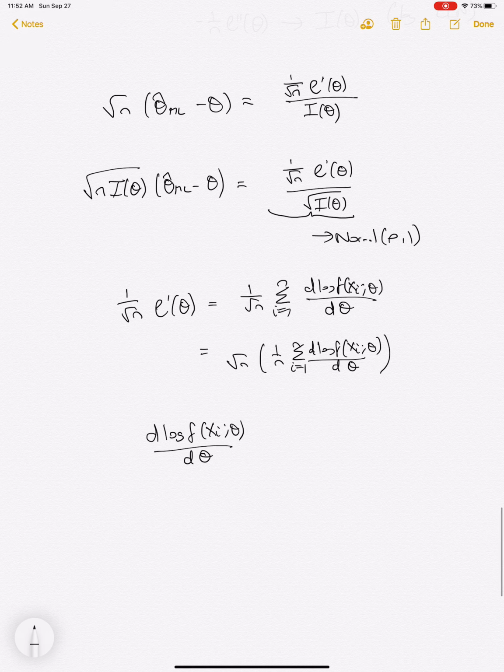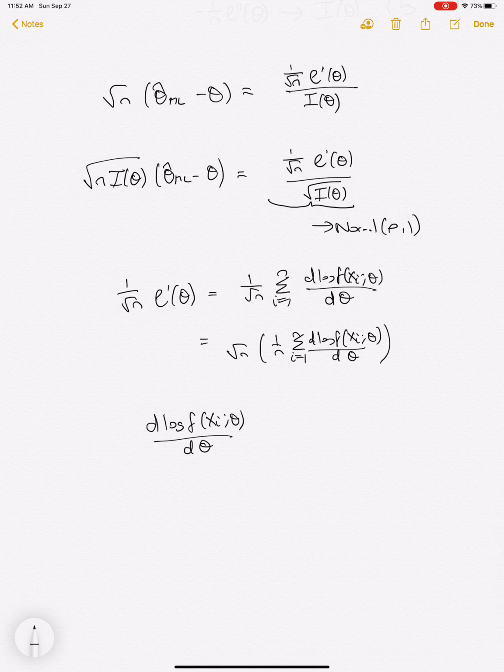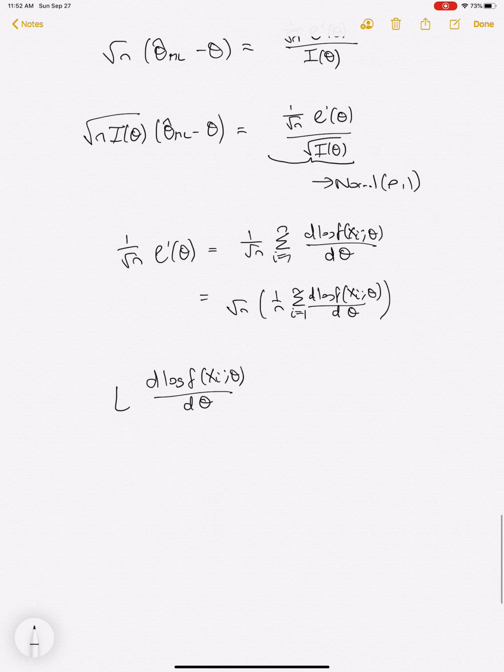The first thing to note is that the expectation of this is actually 0. I'm going to refer to the proof in the book because this is quite a technical result, but you can show through some calculus that this expectation is 0.